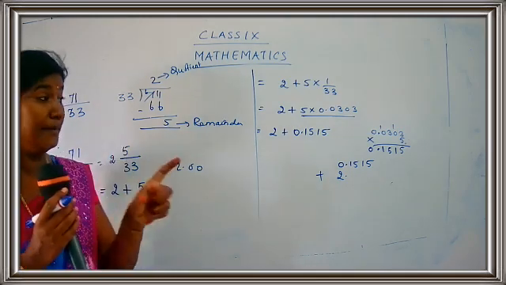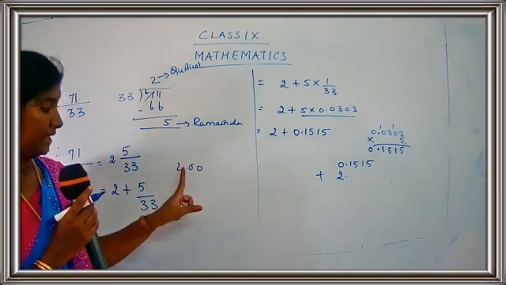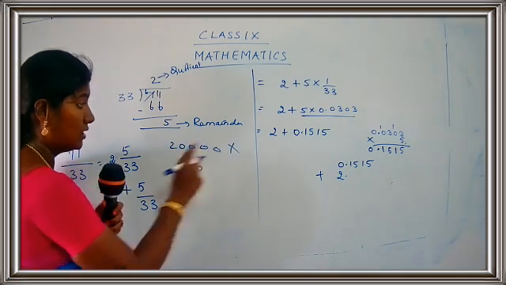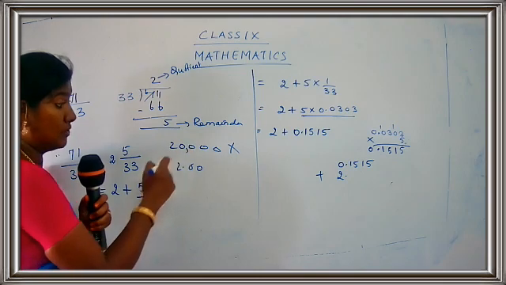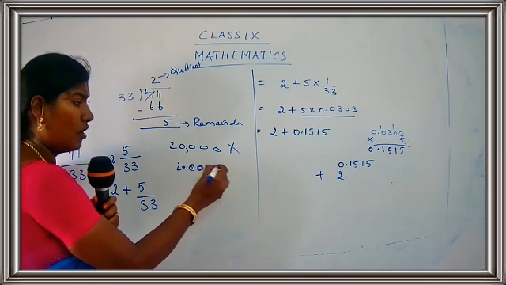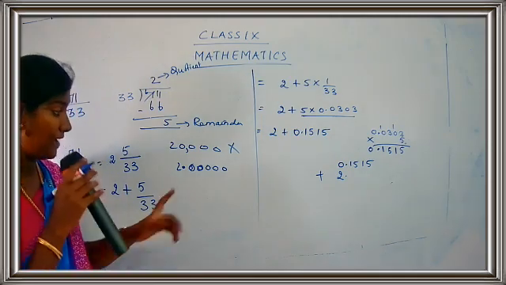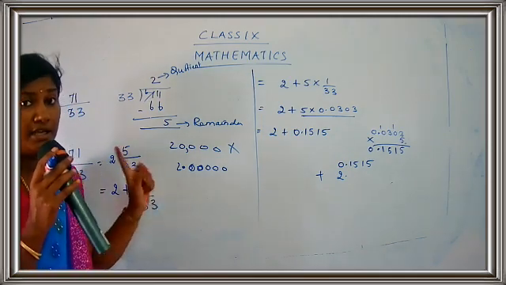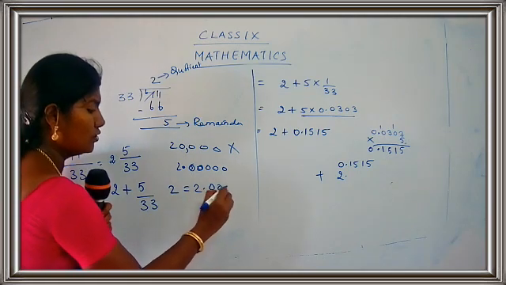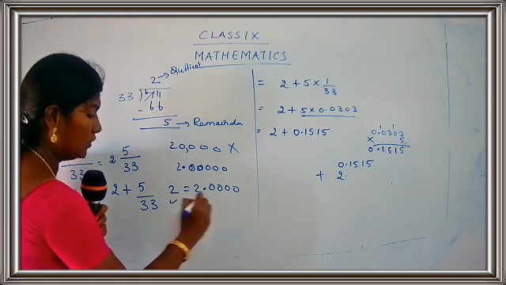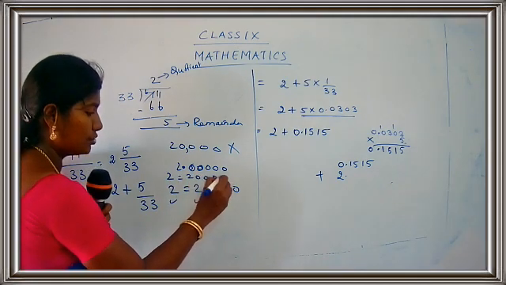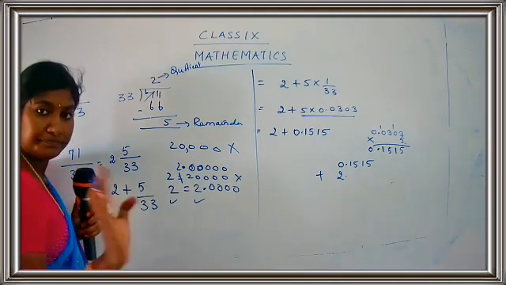Just listen to my statement carefully. 2 is there means I can just put a decimal point. I just cannot do 2000. This is wrong. The value changes. This is 20,000. You have to put a decimal point and you can go on adding any number of zeros. So the value will not change. It remains the same. This is 2, this is also 2. They are equal. But if I write 2 and 20000, they are not equal.